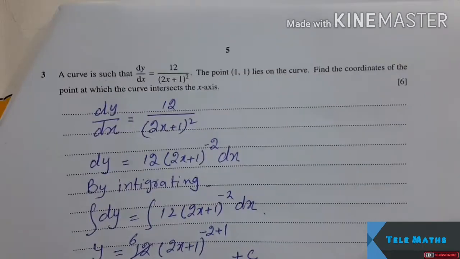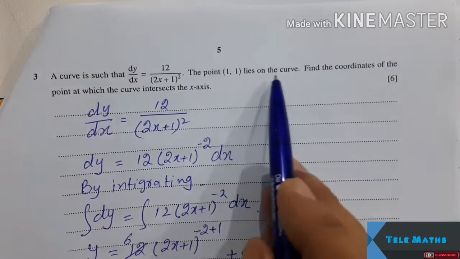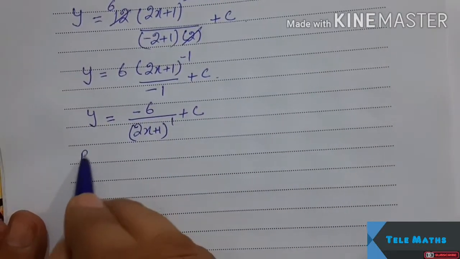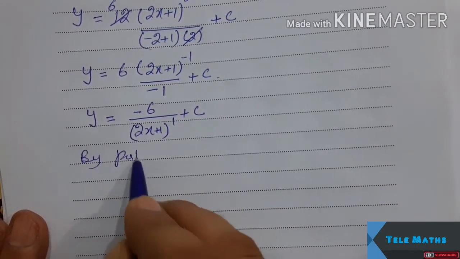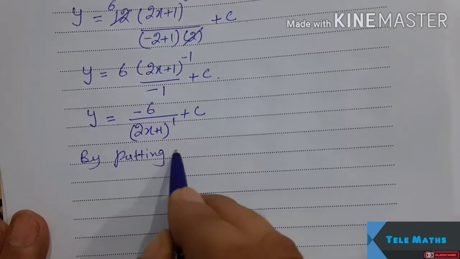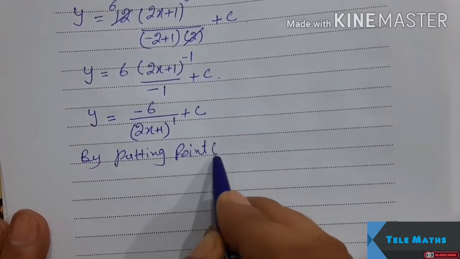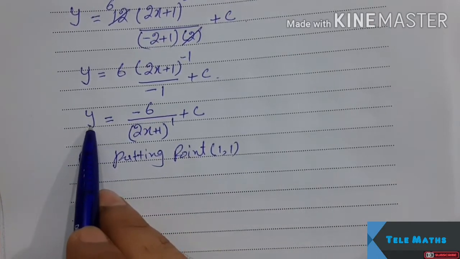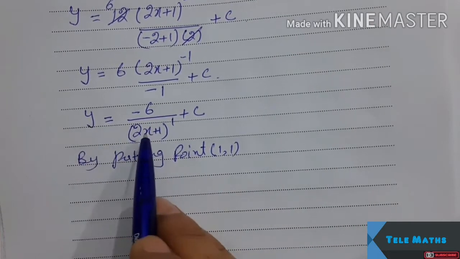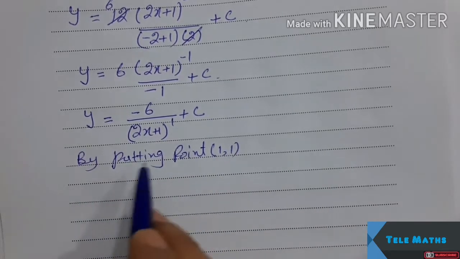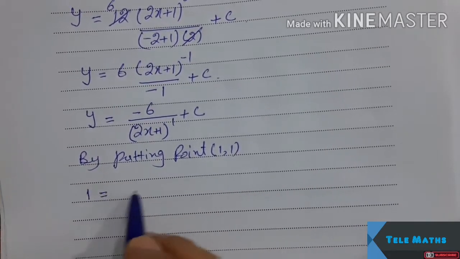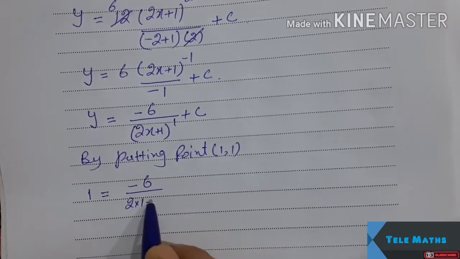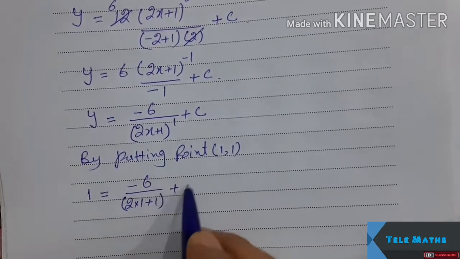In the question it is written that the point (1, 1) lies on the curve, so by putting the point (1, 1) here, I'll put 1 instead of y and 1 instead of x. So this will become 1 is equal to minus 6 over (2 multiplied by 1 plus 1), plus c.